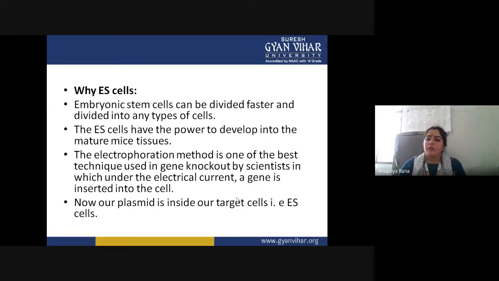Electroporation is one of the best techniques used for gene knockout by scientists, in which a gene is inserted into the cell under an electrical current. Whenever electrical stimuli take place in a body, they make several pathways and break open the cell membrane.